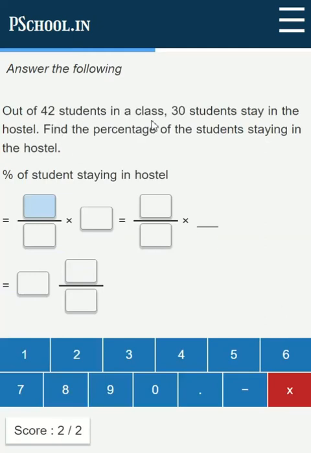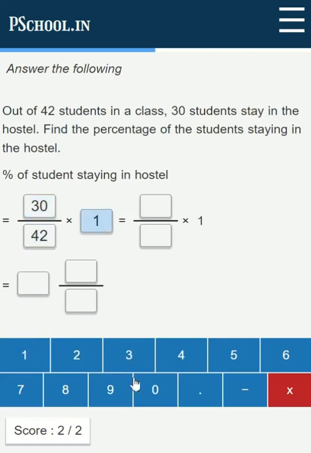Out of 42 students in a class, 30 students stay in the hostel. Find the percentage of the students staying in the hostel. So in the question, percentage is not given, only the total number of students and the number of students staying in hostel are given. So let us find the percentage. Let us take the hostel students as numerator and total students as denominator.